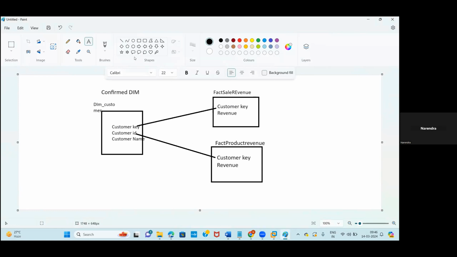If you have one more dimension, the dim product, that product key also has to be maintained in the fact table. So whatever the count of the dimension tables, the count of the keys will increase in the fact table. Suppose there are two dimension tables, we have to maintain two keys in the fact table.